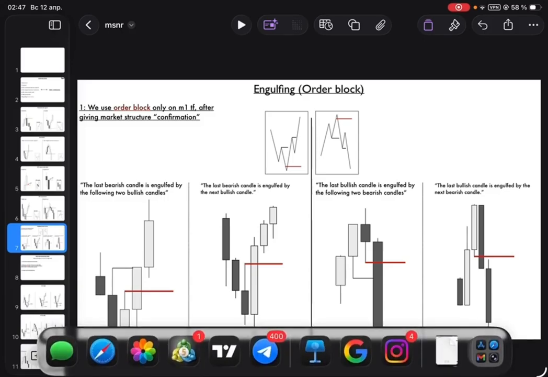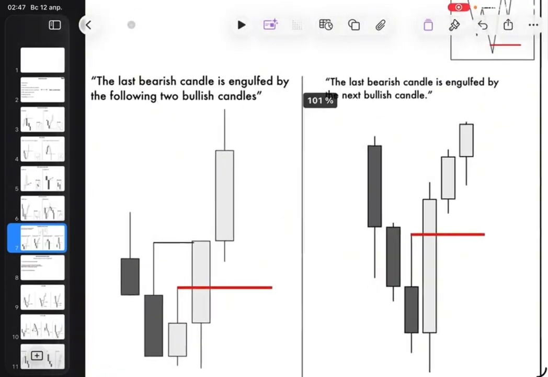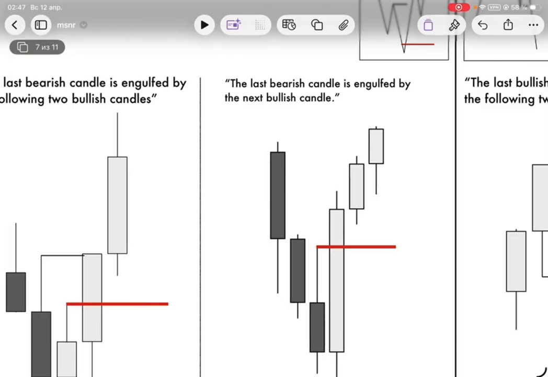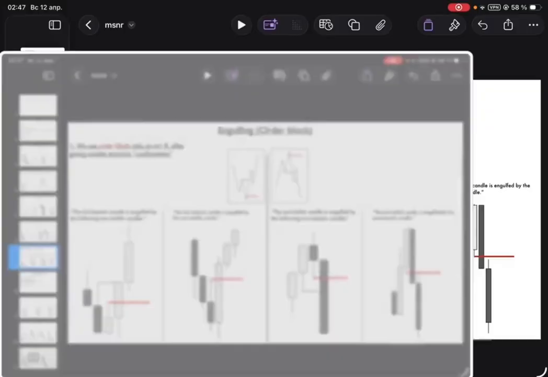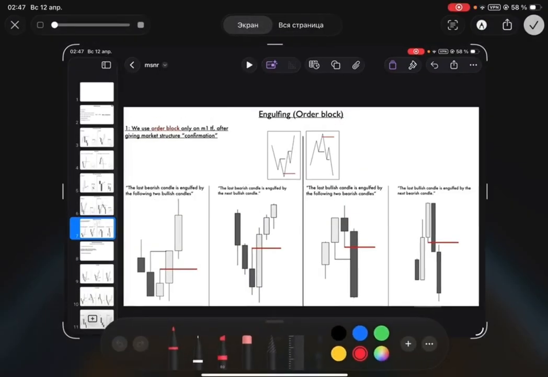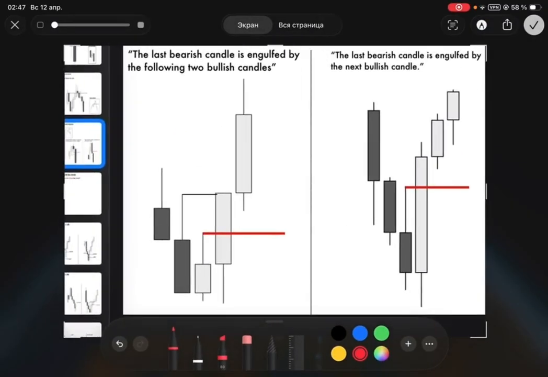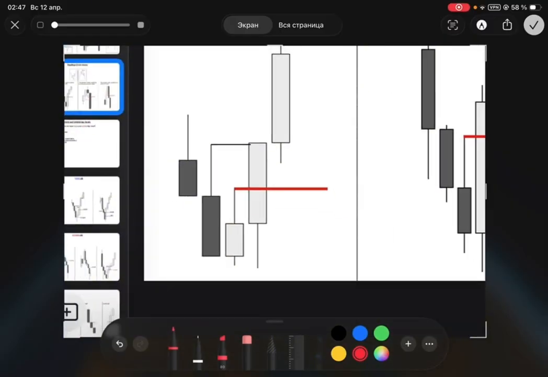There are also 3 or 4 types of order blocks. This is engulfing, and after the engulfing, these zones are considered order blocks. If you look at the first candle, the last candle, and the candles after it, whether it's 2 candles or 3 candles, it doesn't matter.